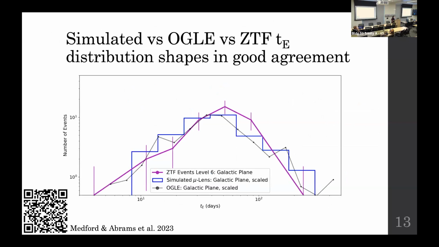We can also look at the tE distributions, which is a good measurement of your microlensing events. And you can see that we have good agreement in the shapes between our simulated versus observed events, which is the ground-based survey, and ZTF events.